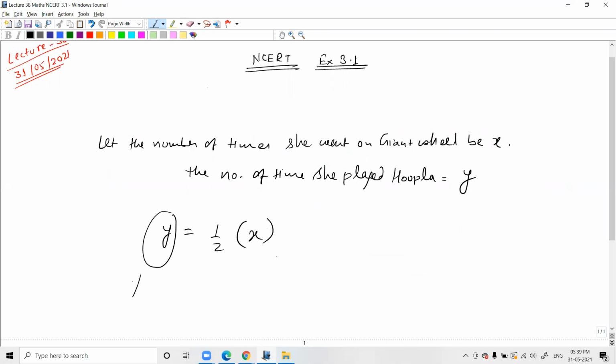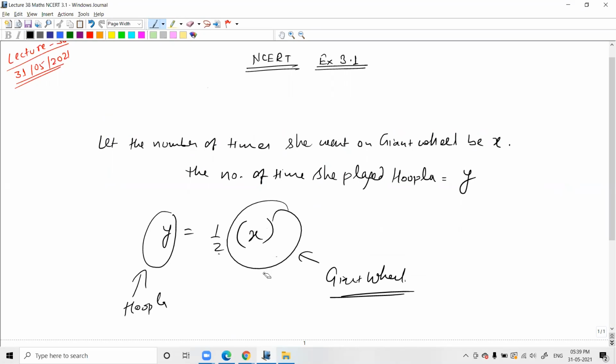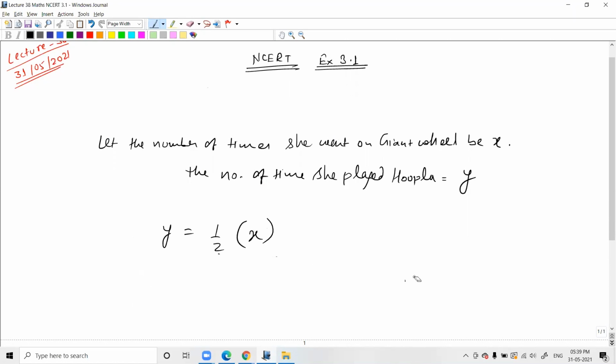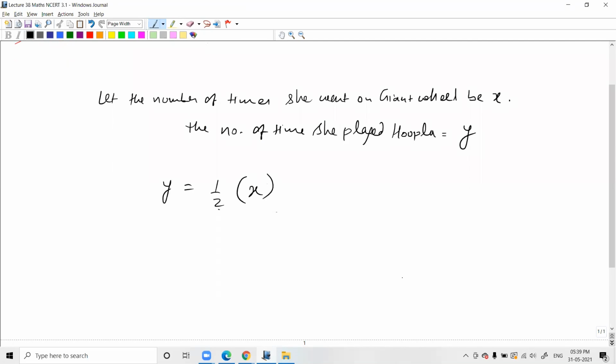The number of times she played hoopla is half of the number of times she went on the giant wheel. The story has been converted into a mathematical problem now. Y is equal to half of X. Everyone understands that? Quickly confirm. Give me a yes or no. Yes, sir. All right.